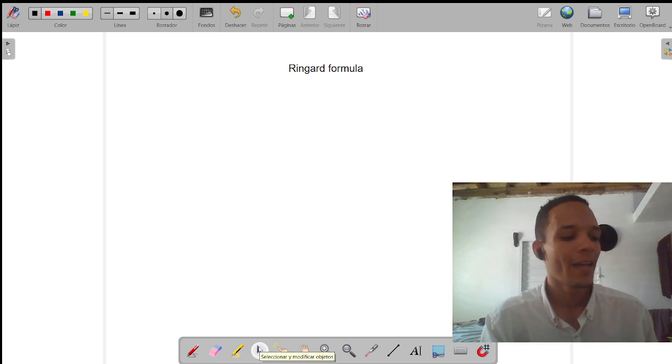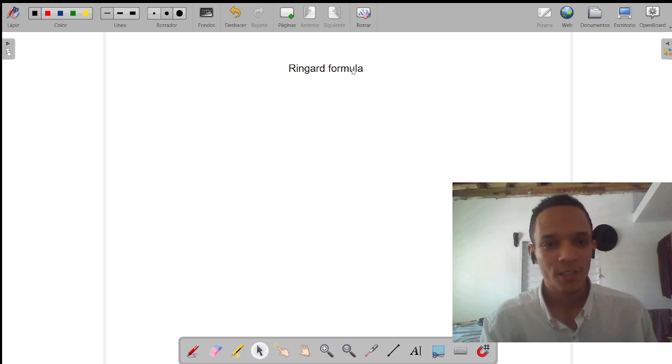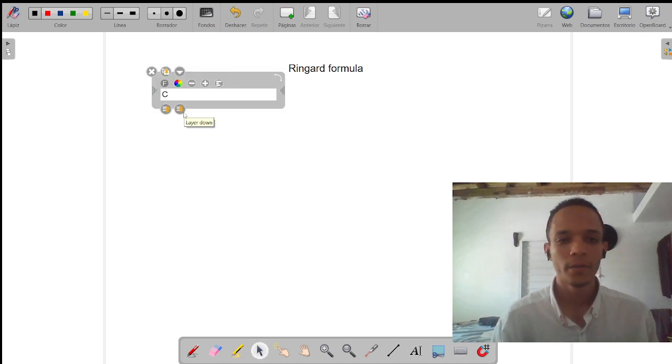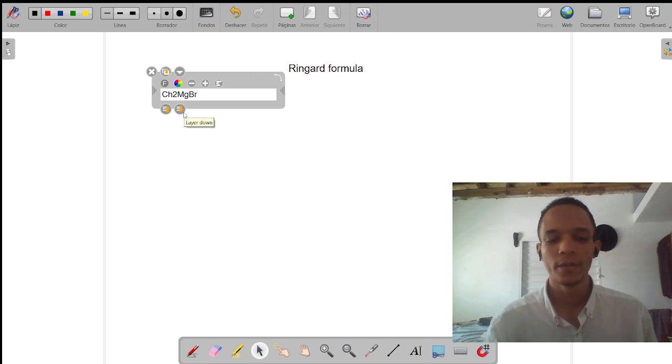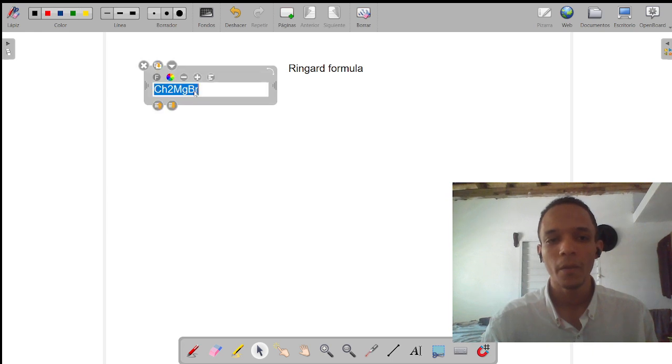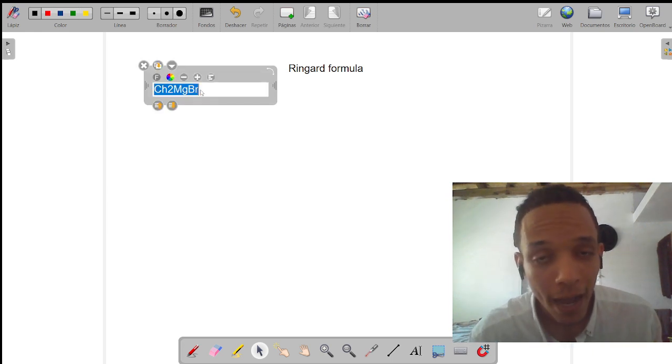First thing is that usually what attracts this kind of signals is iron. Let's put the elements here, okay? Iron, which is represented like this, CH2 Mg, and also Br. Let's say that that's iron, okay? I say let's say because many other people can get different types of iron.